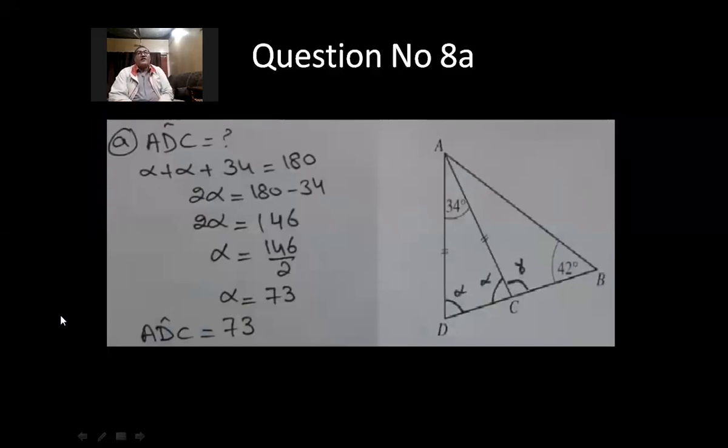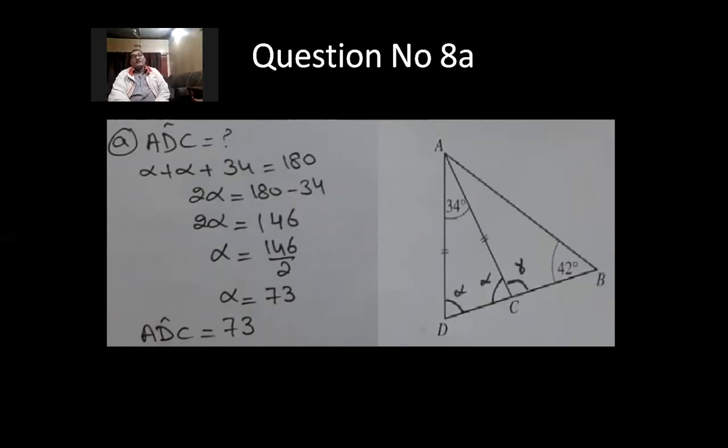So if you want to find out the ADC angle, this is an isosceles triangle. Suppose this is alpha, this will also be alpha because these sides are equal to each other. It's an isosceles triangle, so the angles on both sides, both the corners, vertices will be the same. This one is 34. So you will have alpha plus 34 equals to 180. So you will have 2 alpha equals to 180 minus 34.